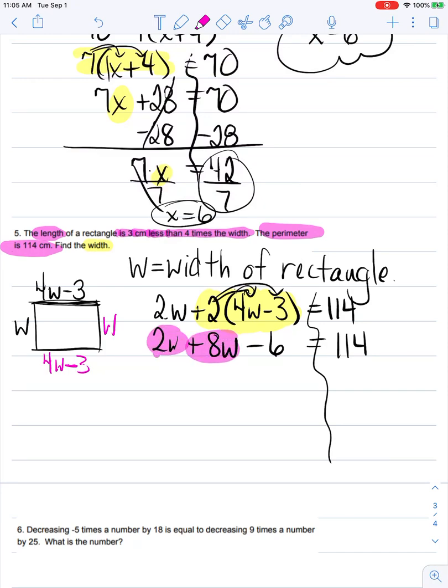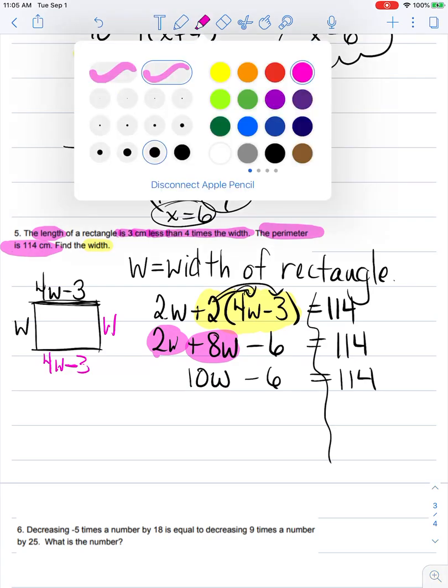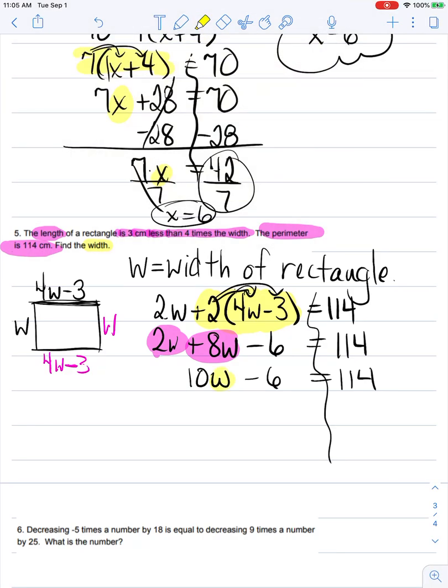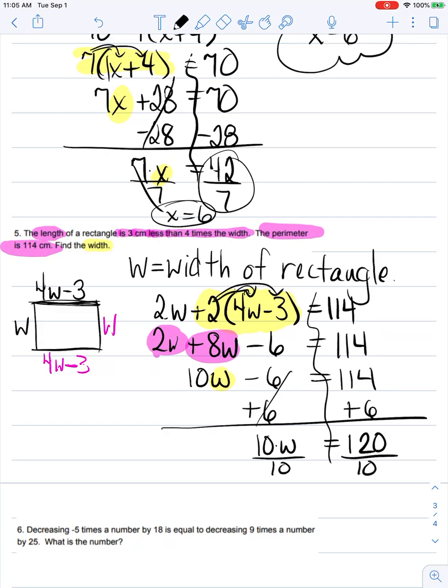On the left-hand side, I have 2W and 8W, which becomes 10W minus 6 equals 114. And now it's down to just a 2-step equation, so I'm going to isolate using opposites. So I'm going to add 6 to both sides. I'm left with 10W equals 120. I'm going to divide both sides by 10. Still isolating that variable, and W equals 12.